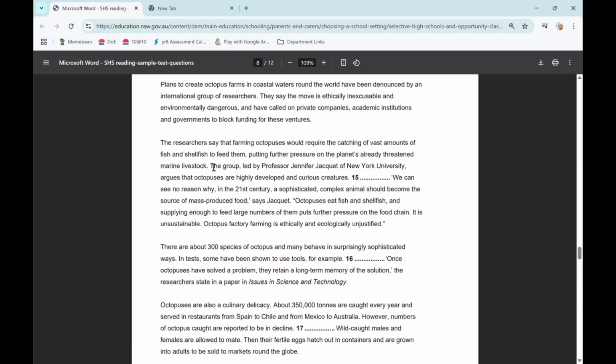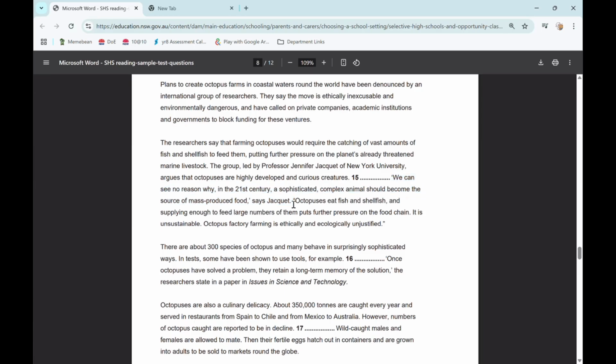Around question 15, in order to do Cloze Passage, we have to look around the gap, at the sentences before and after. It says, the group led by Professor Jennifer Jacquet of New York University argues that octopus are highly developed and curious creatures. Then the blank. We can see no reason why, in the 21st century, a sophisticated, complex animal should become the source of mass-produced food, says Jacquet.